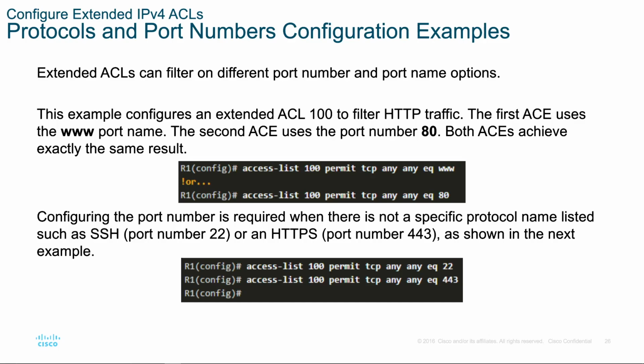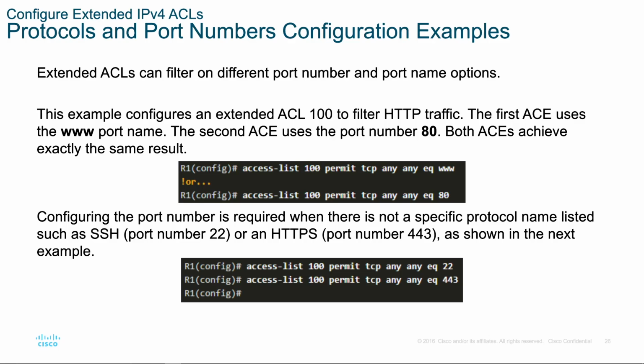So how does this work? Well, access list 100, being an extended numbered ACL, has the action permit, followed by the protocol, the source any, destination any, equal to www or port 80.